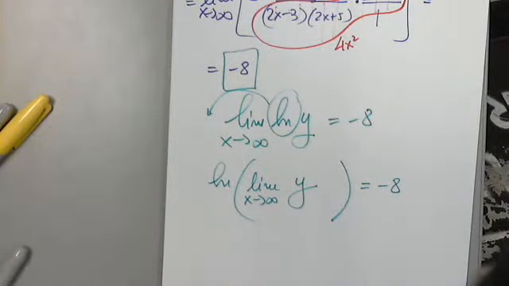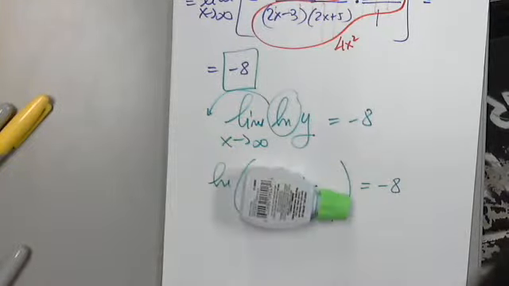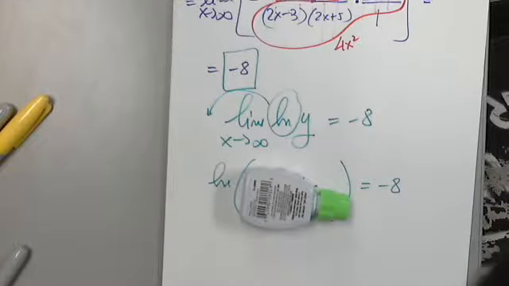And now, final step. What can go in here so that the natural log is negative 8? Can I put 5? No. Can I put 10? No.